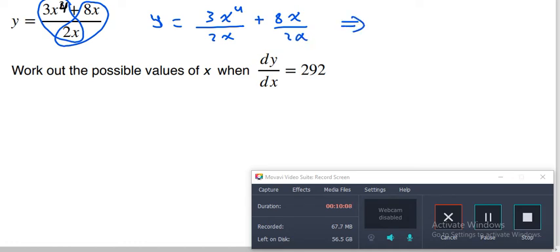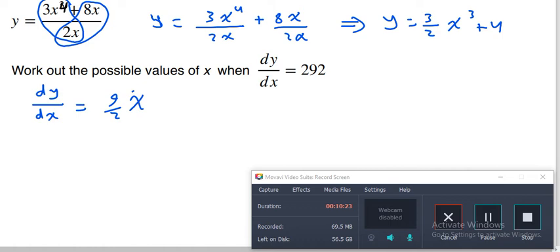So it will be y equals 3/2 x^3 plus 4. Then we can differentiate, so dy/dx equals 9/2 x^2, and this part, its differentiation equals 0 because it's without variable.